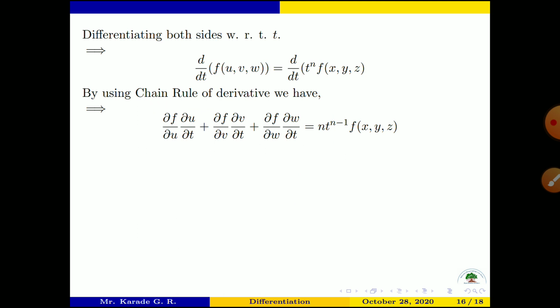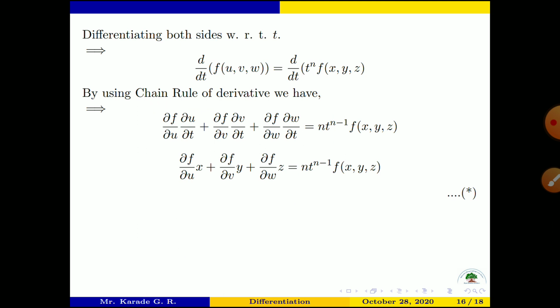Therefore the derivative is ∂f/∂u into ∂u/∂t plus ∂f/∂v into ∂v/∂t plus ∂f/∂w into ∂w/∂t, equal to n into t raised to the power n minus 1 into f(x, y, z).